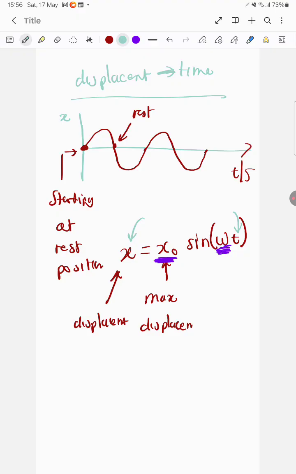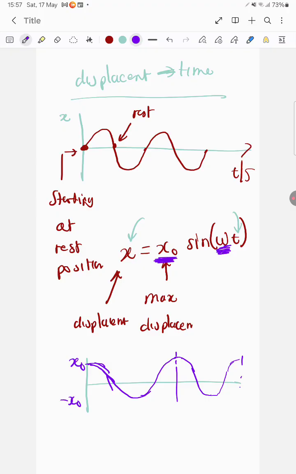However, if I start the graph not at rest position, because sometimes you might want to start the graph at maximum displacement, then it's a cos graph. Well done. It could start off something like that, where this is now x naught and negative x naught.